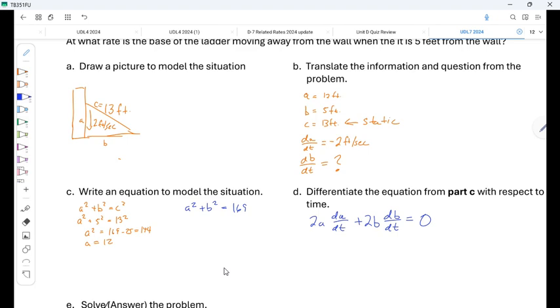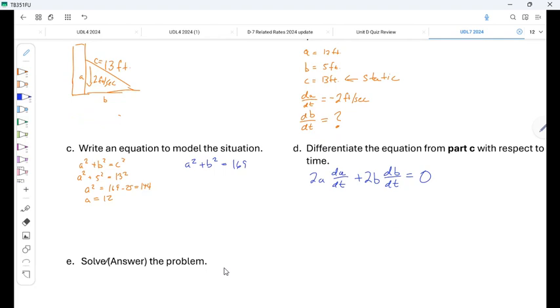We don't have dc/dt listed, do we? But if the ladder's length isn't changing, what's dc/dt? 0, right? A static variable's rate of change is 0. If it's static, it's not changing. So we would end up with 0 there anyway. Then we'd have to say to ourselves, oh, duh, dc/dt is just 0. So save yourself the second by doing that.